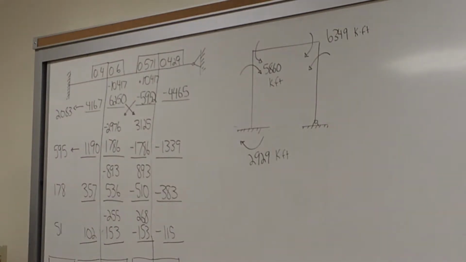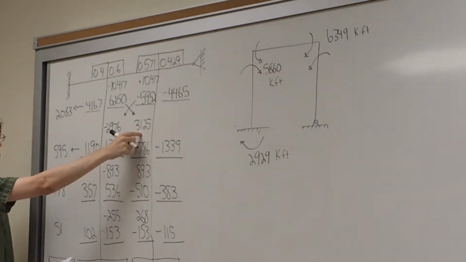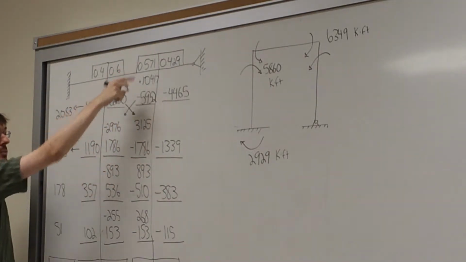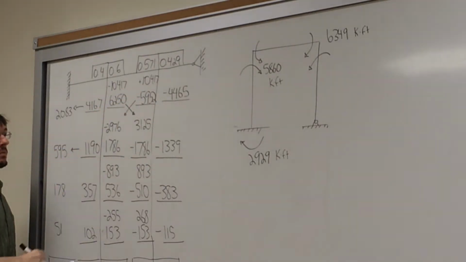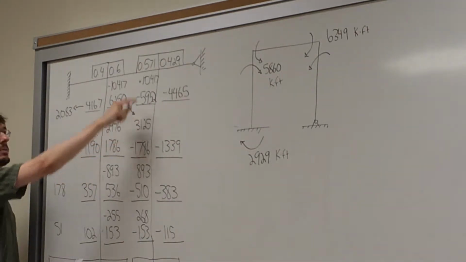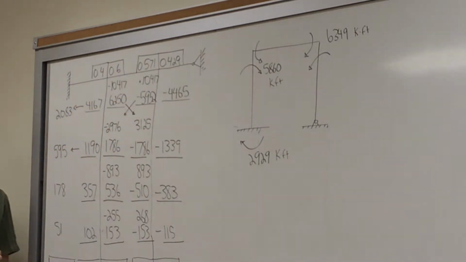I'm not understanding how you got from where you distributed half to each end, and then all of a sudden you're getting what's that? 1,786. I don't know how. I took this moment, equal and opposite, multiplied by the distribution factor. Same as I did up here. No different. Where did you get the 1,786 from? 3125 times 0.571.